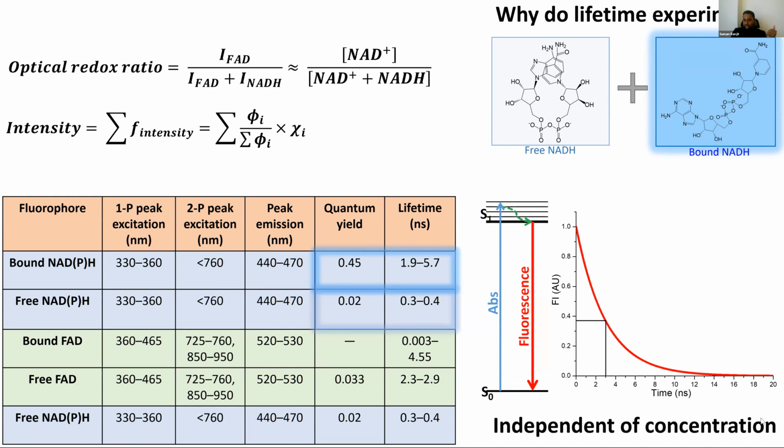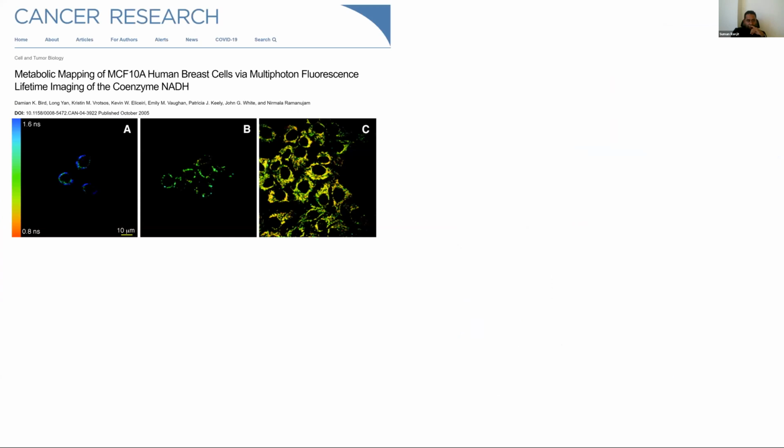The good thing is it's independent of concentration, so you could potentially separate out these species, free and bound NADH, free and bound FAD, and use them for optical metabolic imaging. And then you are not dependent on this, so you can look at multiple different systems, even though their total intensity is decreasing. You can possibly even increase that by adding more laser power.